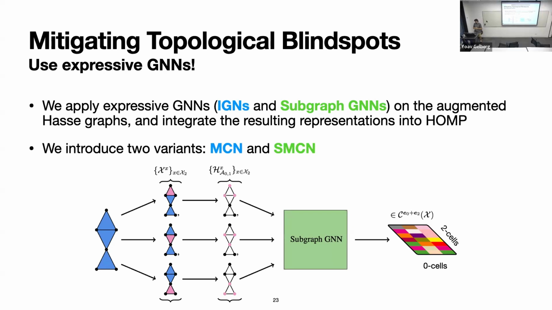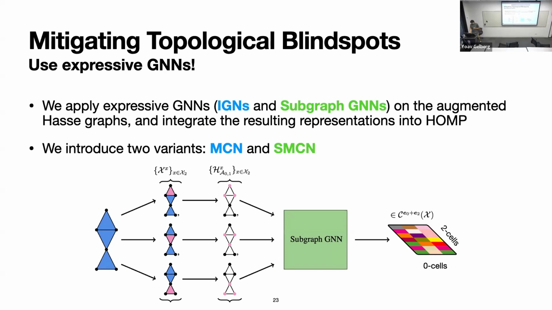MCN is going to be fully expressive for fixed size complexes, but it's going to be rather expensive to run. And SMCN is more computationally light, but also, as we're going to see soon, has some expressivity benefits, basically solving a lot of the issues we saw in the previous slides.